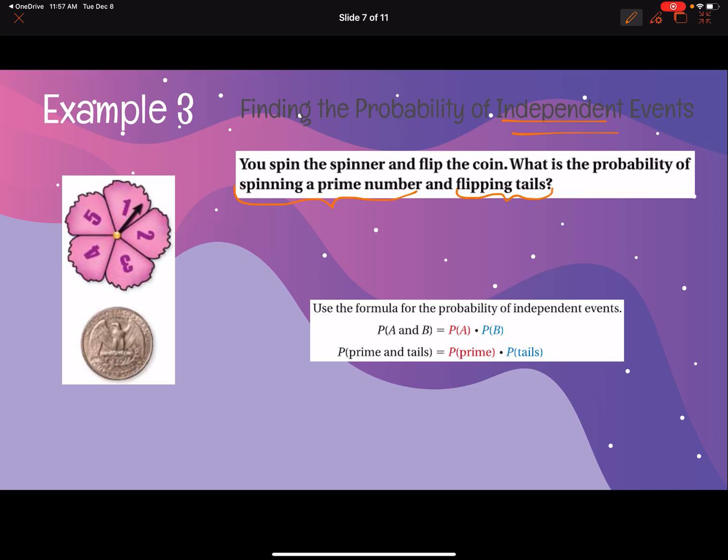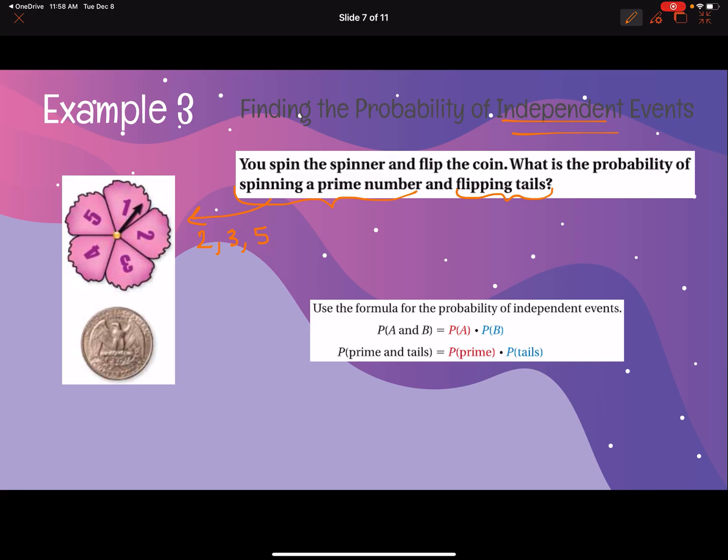So we're going to come over here and we're going to focus on the spinner first. So a prime number, remember, it has only factors of 1 and itself. So our prime numbers, if we wanted to list those out, would be 2, 3, and 5. 1 isn't normally labeled as a prime number.